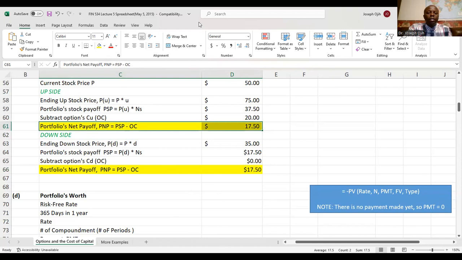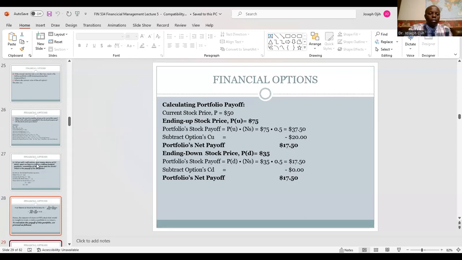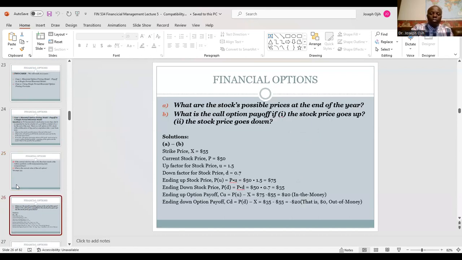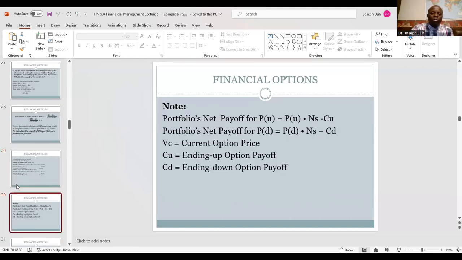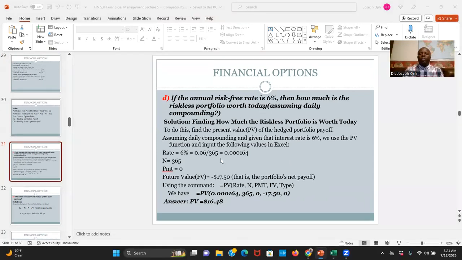The question they asked in part D was, if the annual risk-free rate is 6%, then how much is this riskless portfolio worth today, assuming daily compounding?